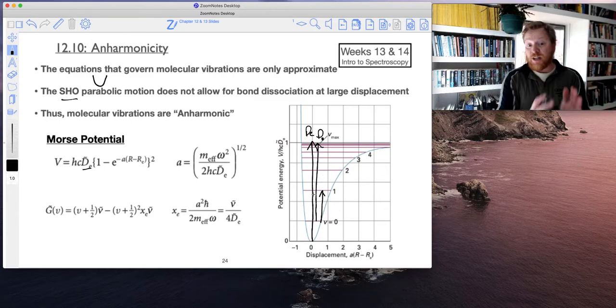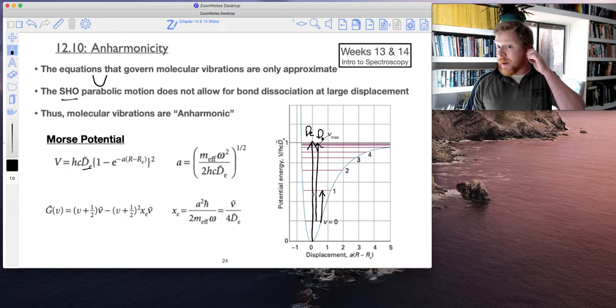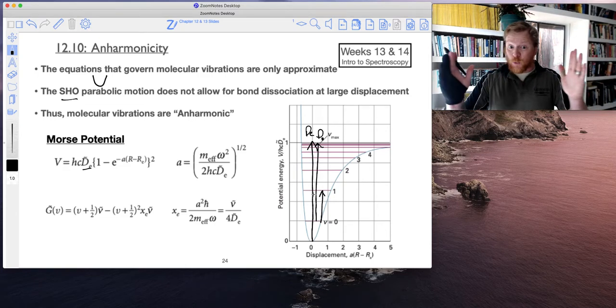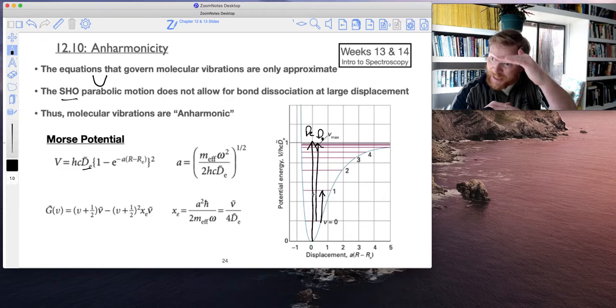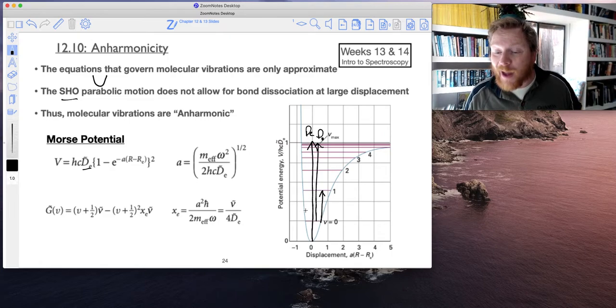As you might imagine, if you recall the particle in the box model, as the well gets wider, those energy levels are going to get closer together. And so a floppy bond, so a not rigid bond, can occasionally violate that fundamental transition from 0 to 1.